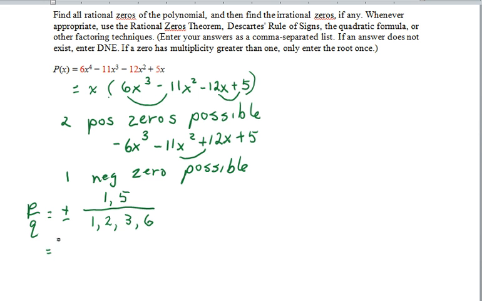So our possibilities, starting with the 6, 1/6, 5/6, 1/3, 5/3, 1/2, 5/2, and 1 and 5.